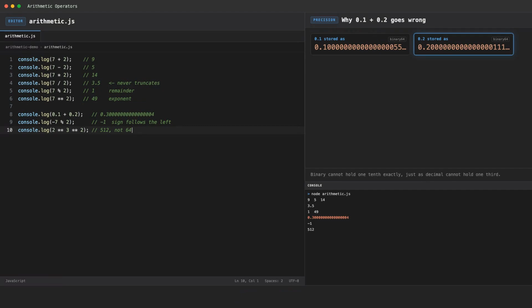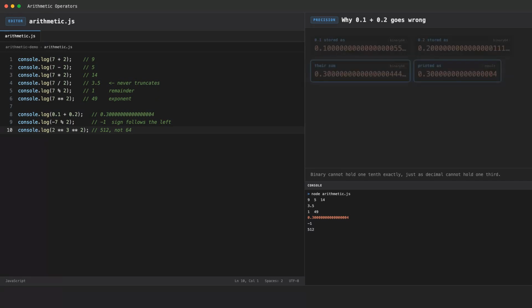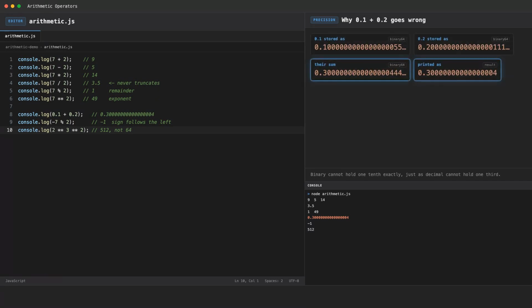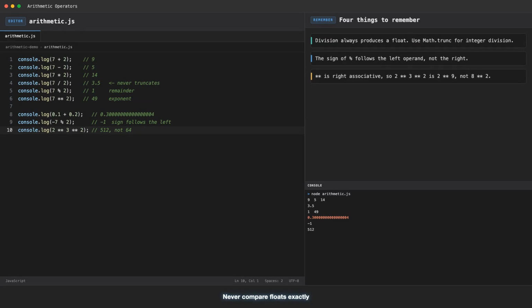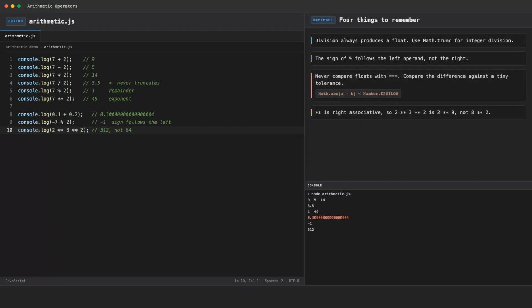So the stored value is very slightly larger than 1/10. The same is true for 2/10 with its own tiny error. Add those two approximations and the errors combine. The sum lands very slightly above 3/10. And that difference is just large enough to be printed. So the arithmetic was perfect, the storage was approximate.